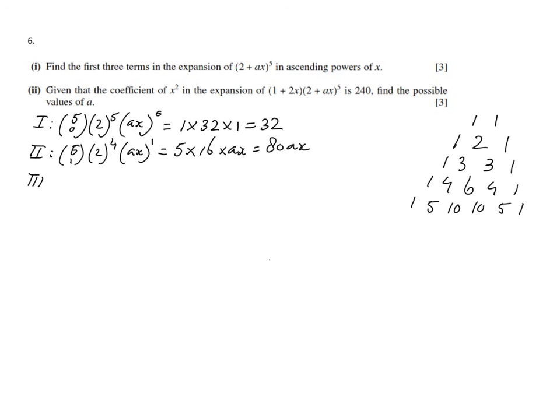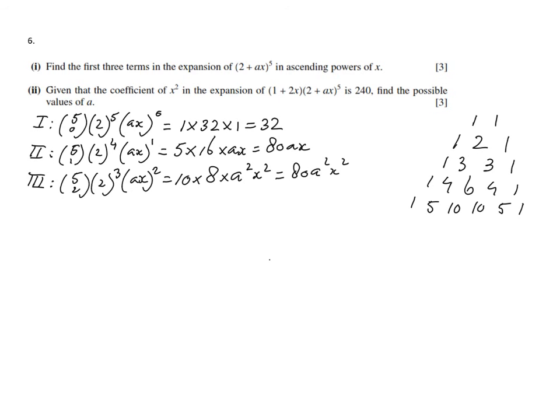And term number 3: 2 to the power 3, 1 less, (ax) to the power 2, 1 more. The coefficient is 10, so I get 10 times 2 to the power 3 times, now make sure you square everything, a squared, x squared, so that's going to be 80a squared x squared.